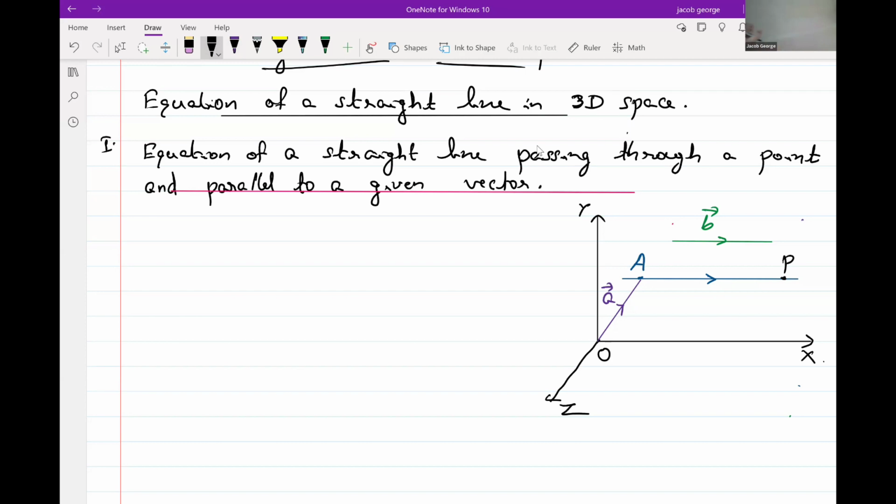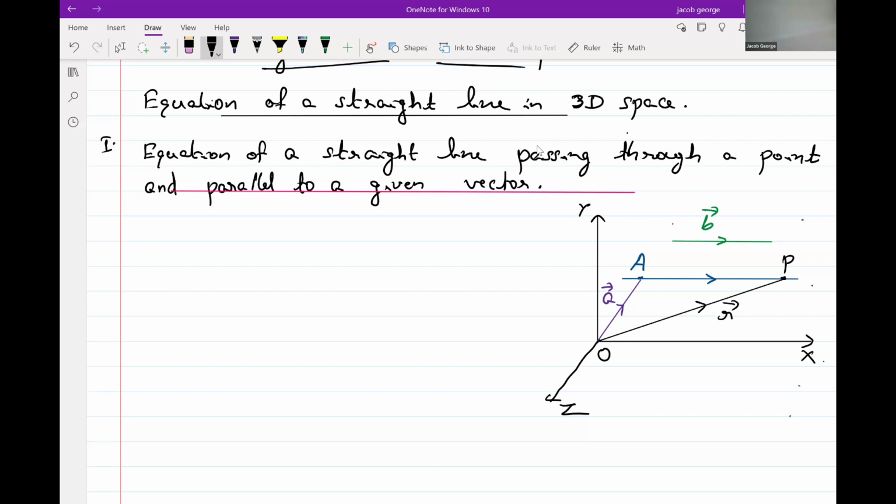There are infinitely many points on the straight line. Out of these, any point should be taken as P, capital P. Its position vector is vector R. That means you will join OP. OP's position vector is vector R.